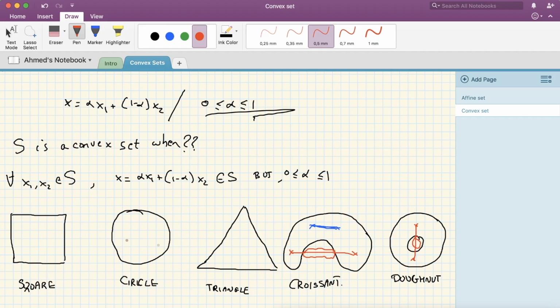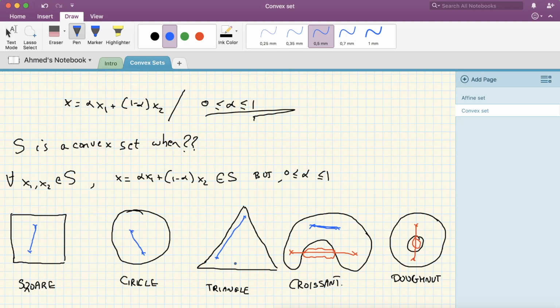On the other hand, the square and the circle, even the triangle, you are guaranteed that for any 2 points you grab inside, the line segment joining those 2 points will always be contained inside the set. Therefore, the square, the circle, and the triangle sets, there's no such thing as a square, circle, and triangle set, but you can define a set in a way that it looks like a square, it looks like a circle, it looks like a triangle, it looks like a croissant, or it looks like a donut, right?